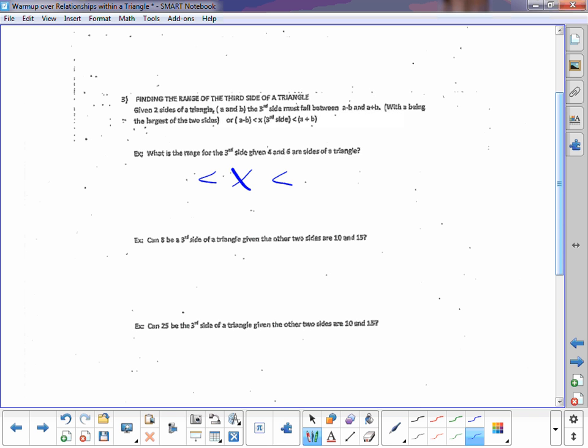How do I determine my lower value, my upper value? Teresa? You take the bigger number and subtract the smaller number to get the first number. Good. So we have 6 minus 4 is 2, so subtract them. And then you add them to get the bigger thing. Good. And 6 and 4 is 10. So again, we want to subtract them for the smaller value and add them for the larger value.